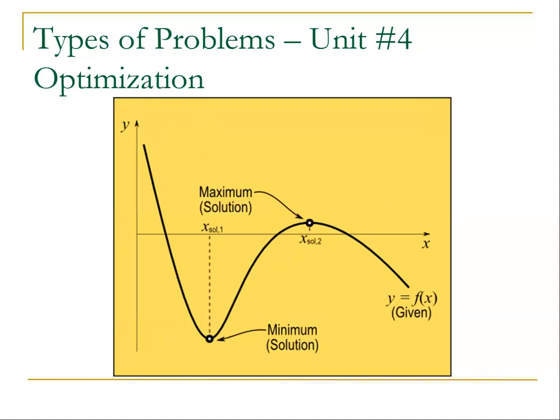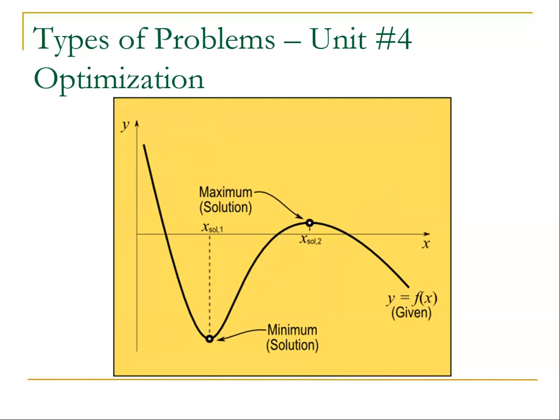Alright? The next type of problem is called the optimization problem. Optimization problem usually asks what is the best or the worst, or the least or most. Okay? Generally. And that's a type of problem you have in engineering, right?